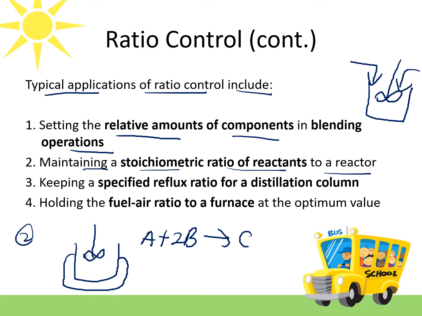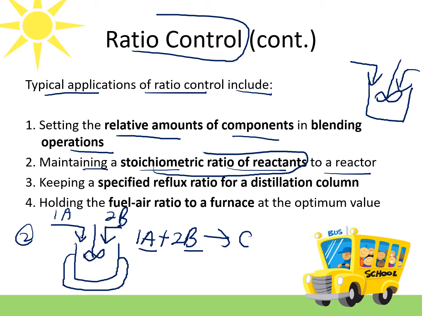Now you want to control the stoichiometric ratio of your reactants, which are A and B. You want to maintain this stoichiometric ratio, 1 A and 2 B, so you use the ratio control to do this. You might also want to keep a specified reflux ratio in a distillation column, so you use a ratio control. And you can also use ratio control in a furnace to maintain the fuel and air ratio.